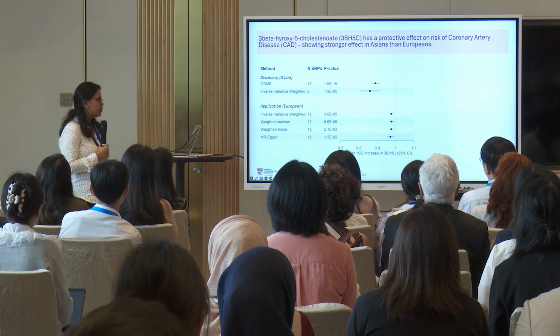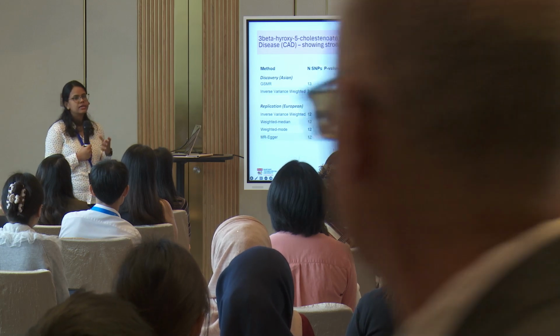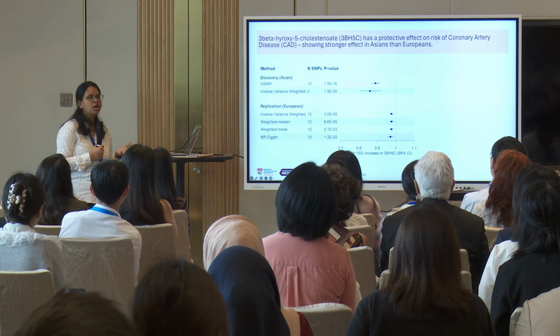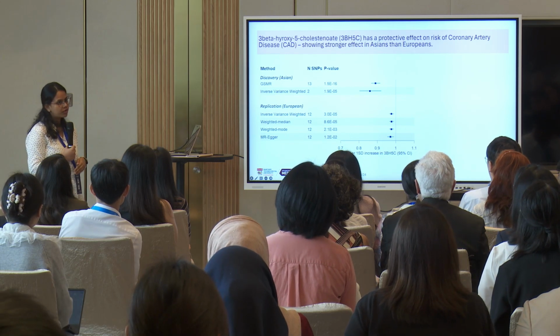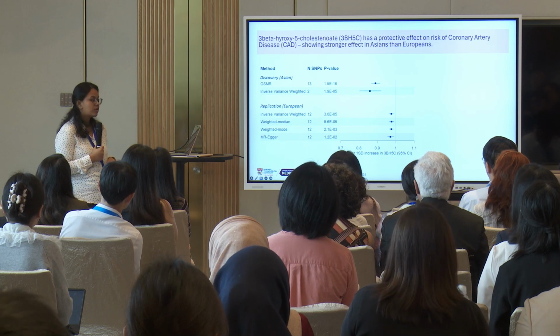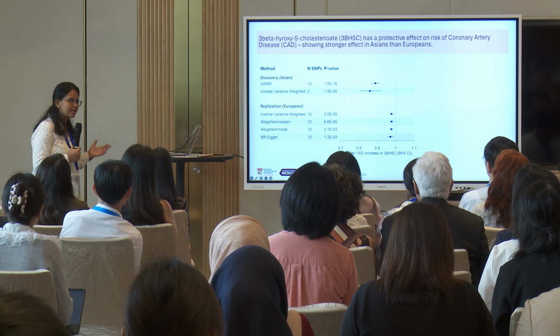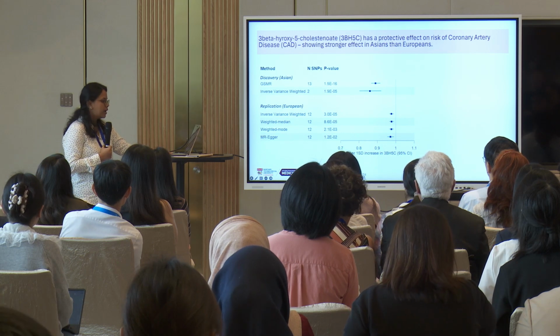So what did we find? We found that 3BH5C has a protective effect on CAD, which means that higher levels of this metabolite associate with lower risk of coronary artery disease. We also found that this effect was 5 to 6-fold stronger in Asians than in Europeans.